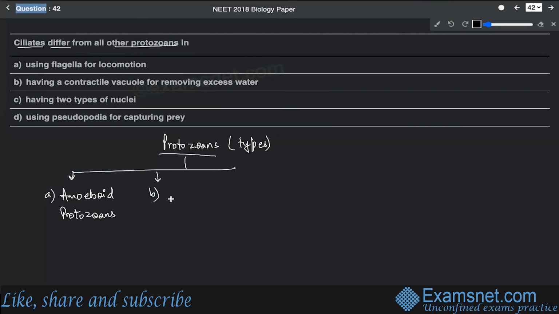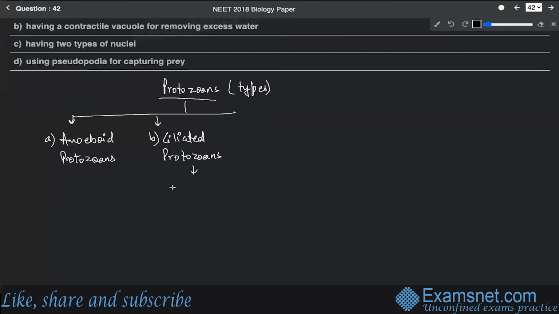then ciliated protozoans. One of the best examples of ciliated protozoans, which are called ciliated because they have cilia on their entire surface, which are fine brush border-like structures that help in movement, is paramecium.